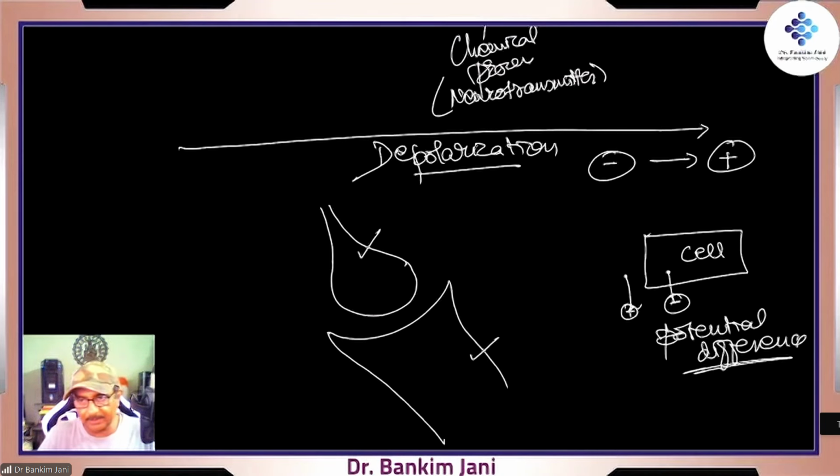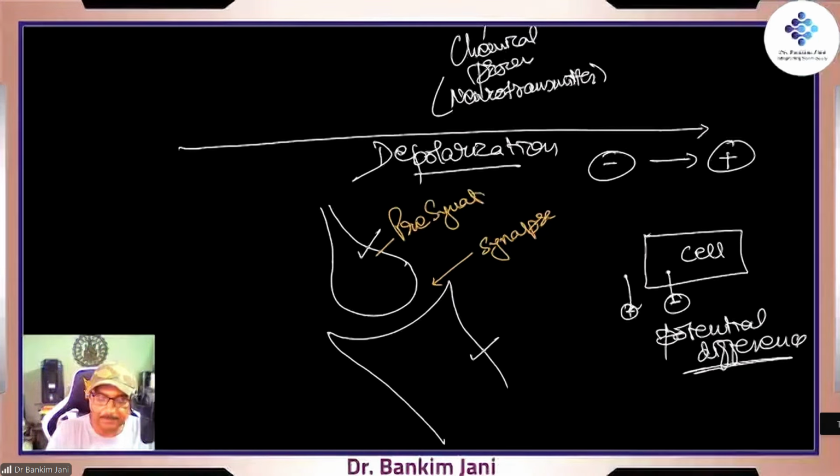But in the body, there is nothing like upper or lower. That's why there is a technical term. This is the synapse. Synapse is that junction where two neurons meet. This is what is called the presynaptic, and this side is called the postsynaptic.